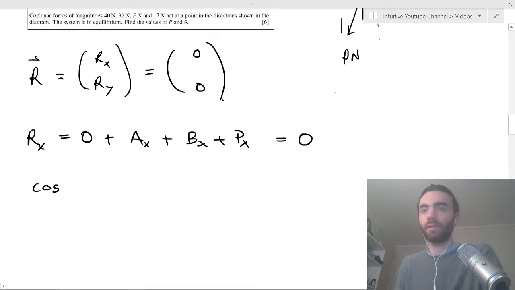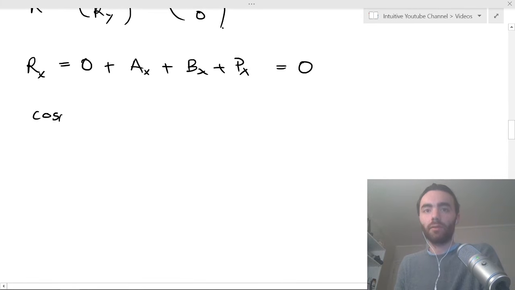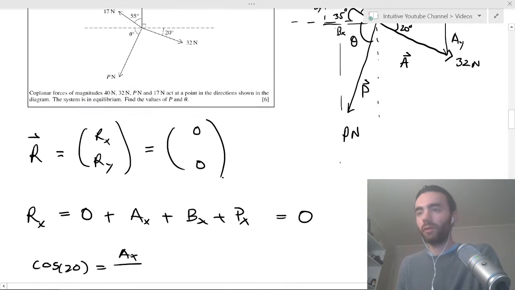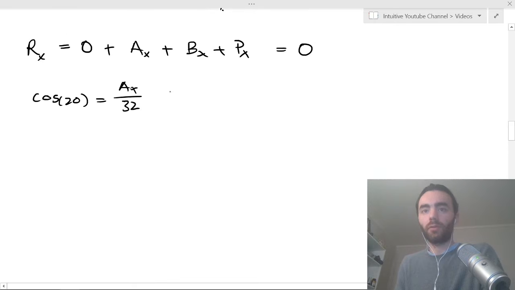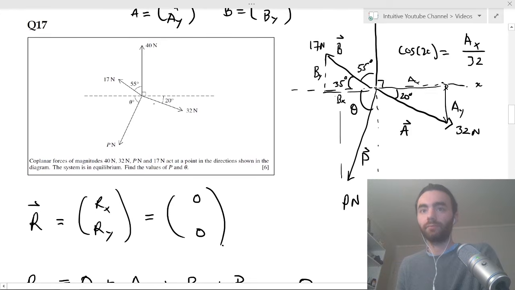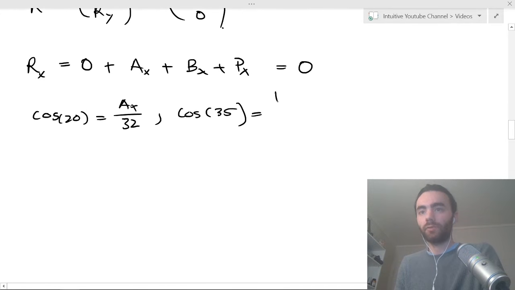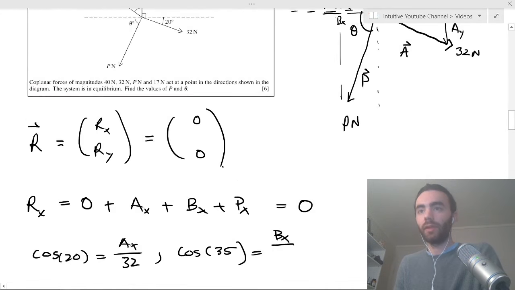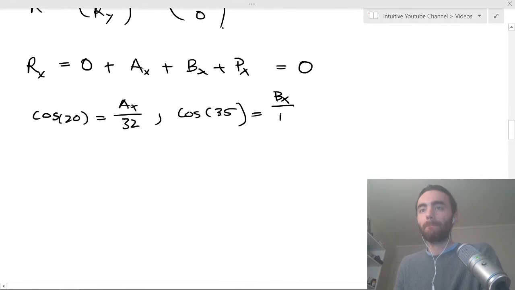So from the diagram, you can see that you have your cos of 20 equals Ax over 32, the hypotenuse, and then we also have our cos of 35 equals Bx over 17.